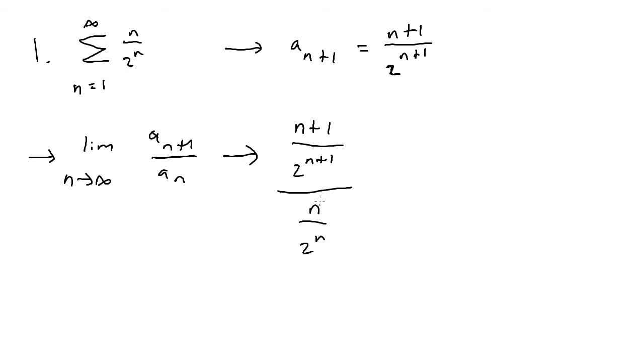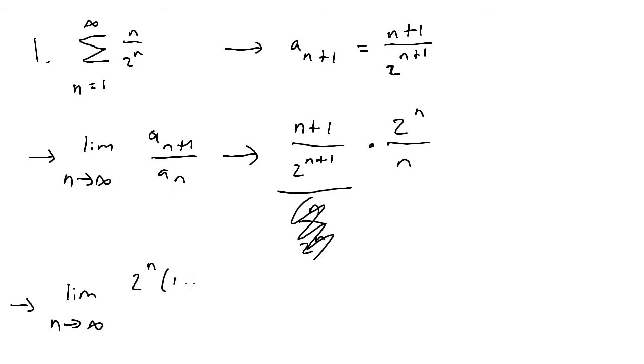So to simplify this, whenever we're dividing by a fraction, we're going to multiply by its reciprocal. So 2 to the n over n. And so when I simplify, we'll have the limit as n approaches infinity of 2 to the n times n plus 1 over 2 to the n plus 1 times n.